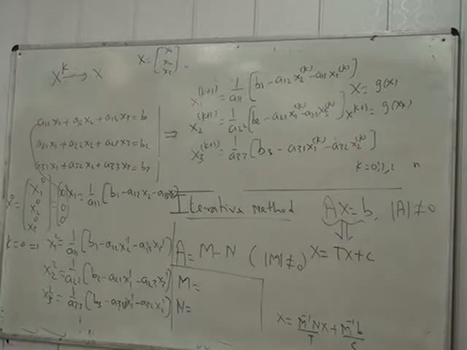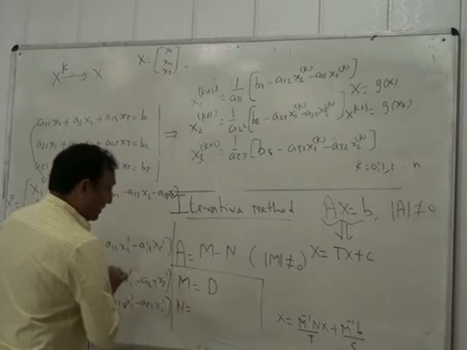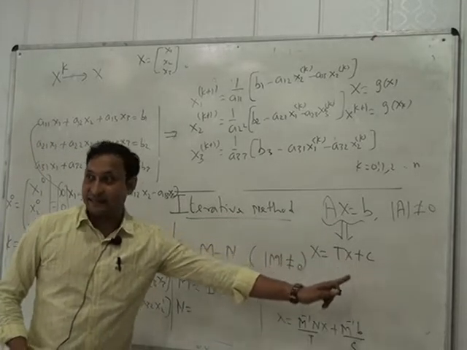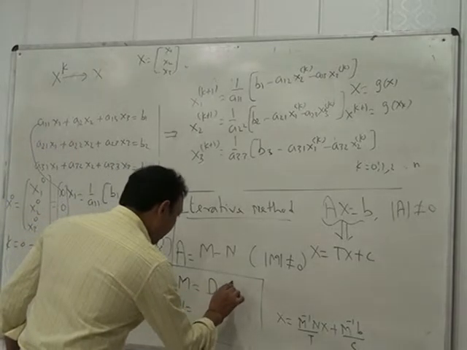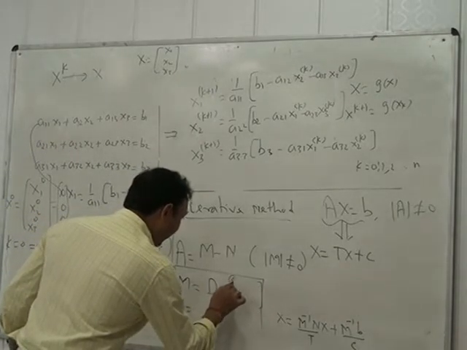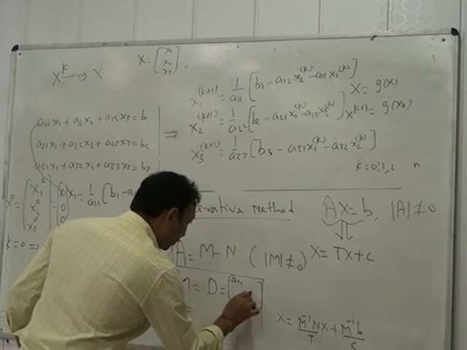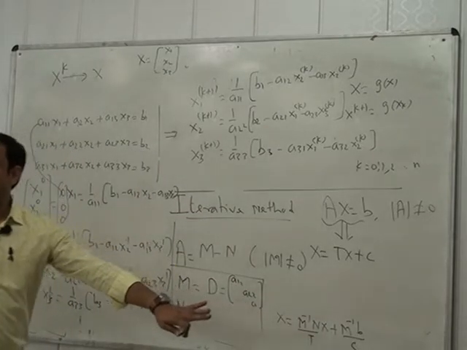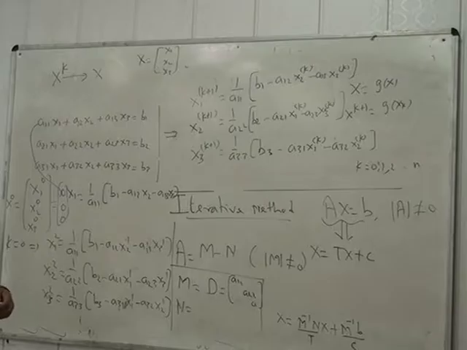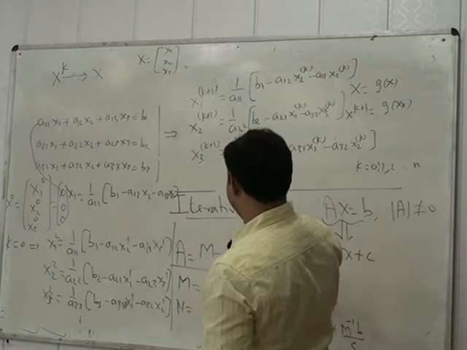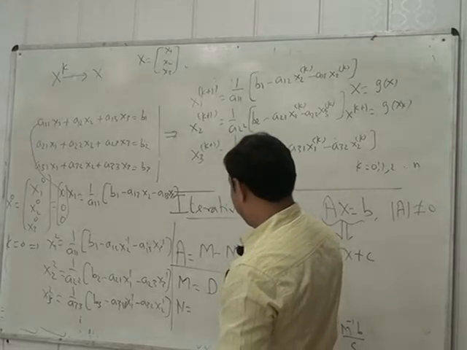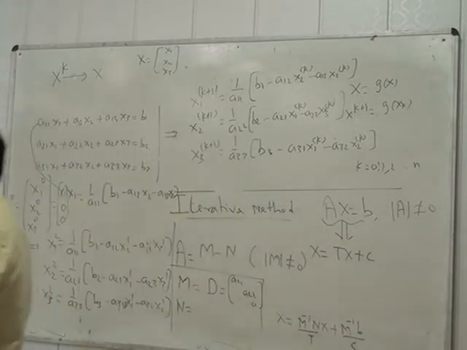So you can check. Look at it, M is nothing but here D. D is the diagonal matrix, with A11, A22, A33. You can easily check, you are dividing by this, no? A11, and so on. This is what M inverse is. What is N here?